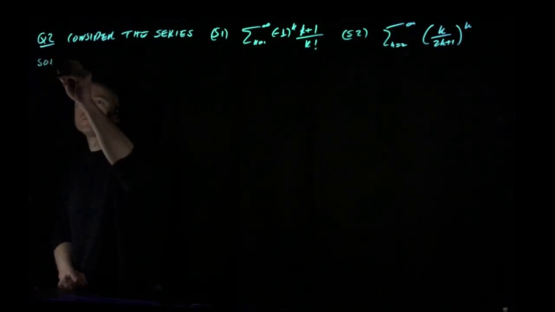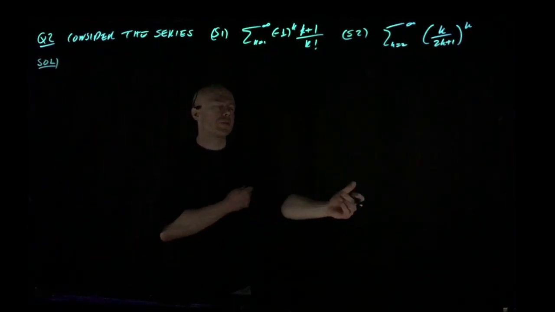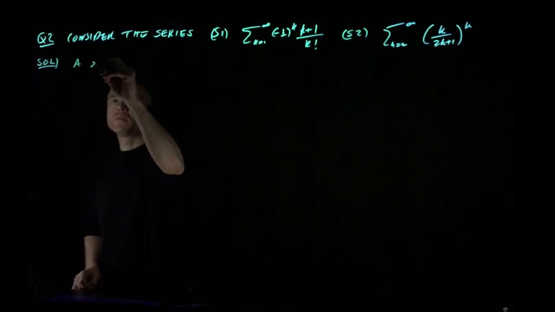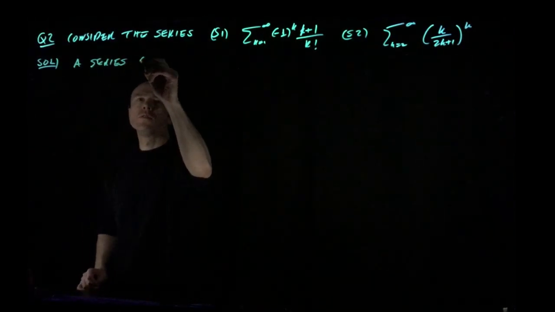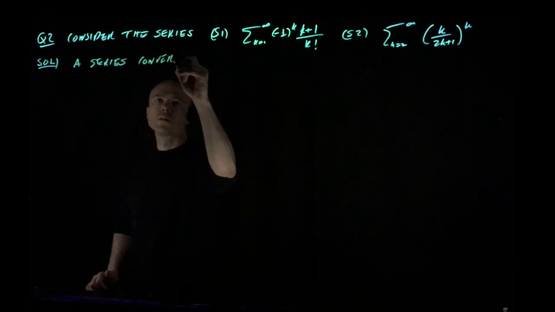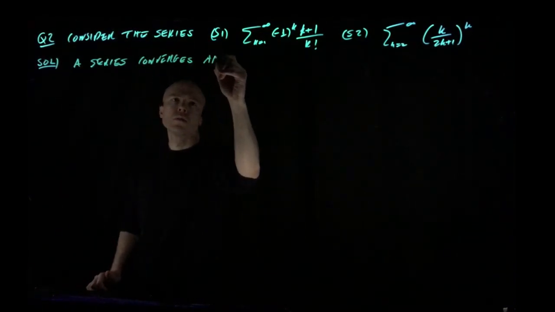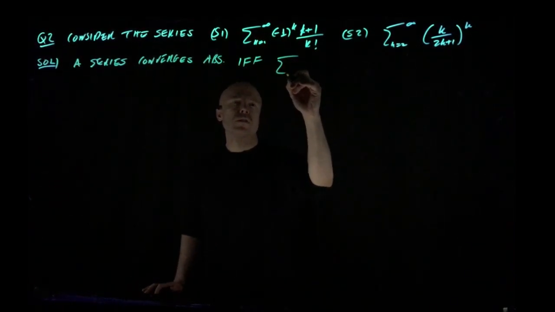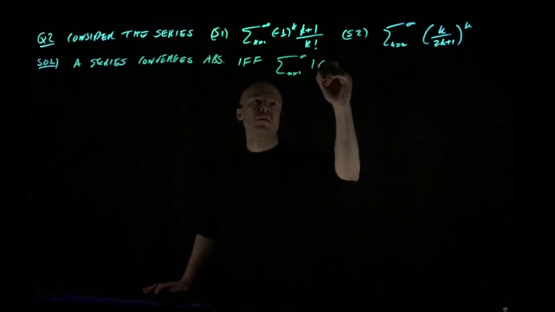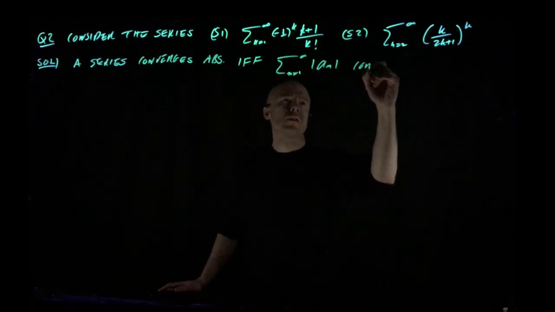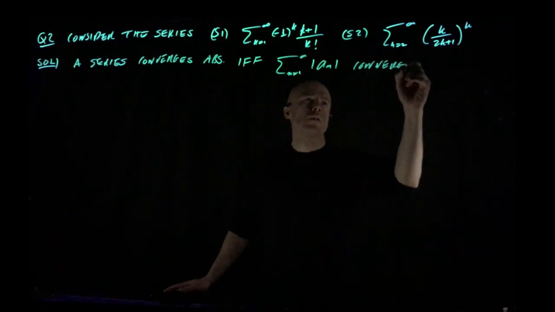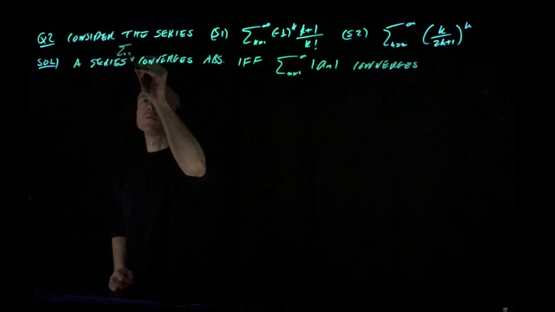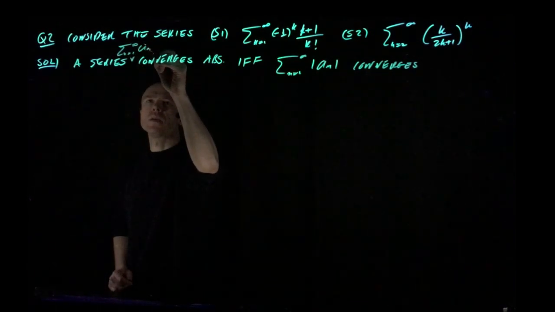Okay, so solution. Let's recall what absolute convergence and conditional convergence means. So a series converges absolutely if and only if the sum of the absolute values of its terms converges, where the series is the sum n equals 1 to infinity of a_n.